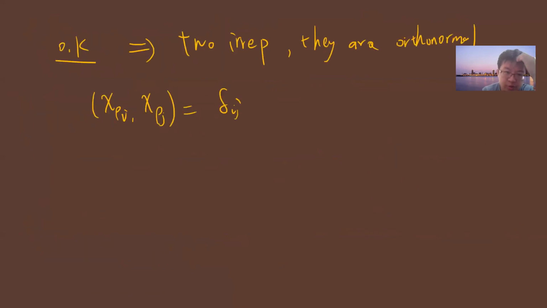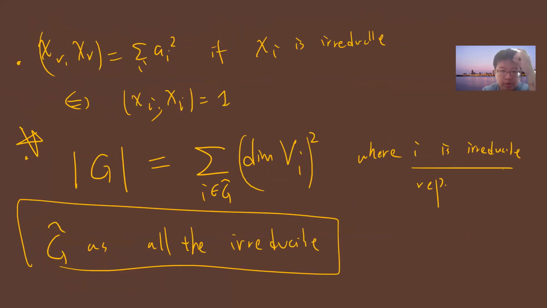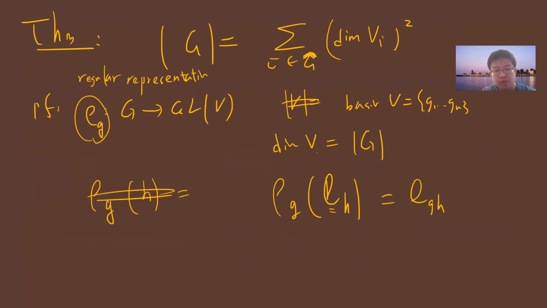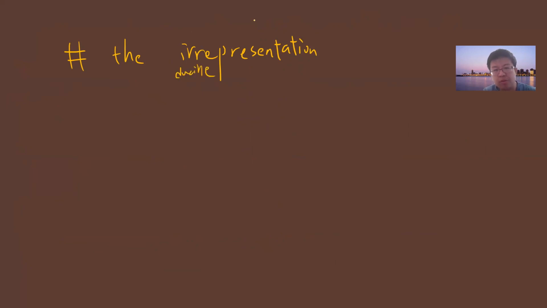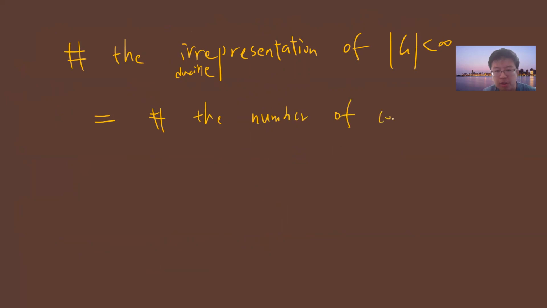Okay, so in this video we proved the row orthogonality and introduced the character. In the next video we will prove the column orthogonality, and then we will prove another theorem, which is very non-trivial: the number of irreducible representations of a finite group G is the same as the number of conjugacy classes.